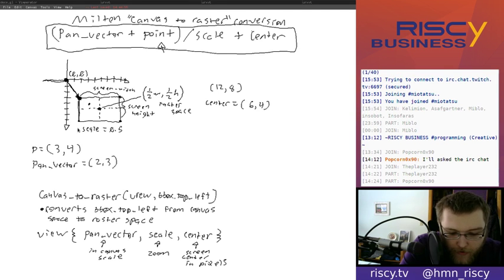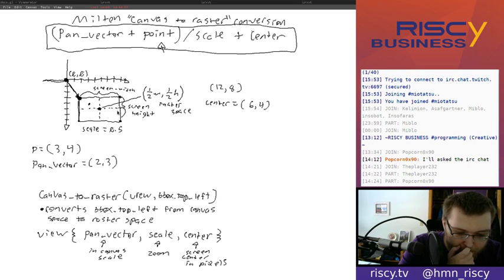So now we want to know what the value of the point at 3, 4 in canvas space is. We have a pan vector of 2, 3, and our center in pixels is 6, 4, because it's only a 12 by 8 screen. I know that's very contrived, but the numbers work out nicely for our little diagram here.